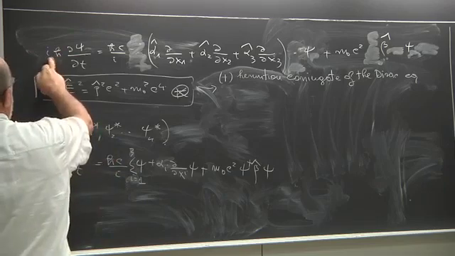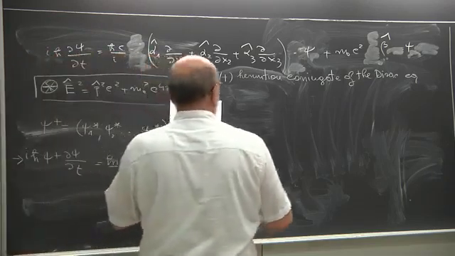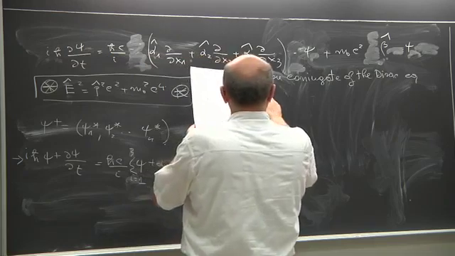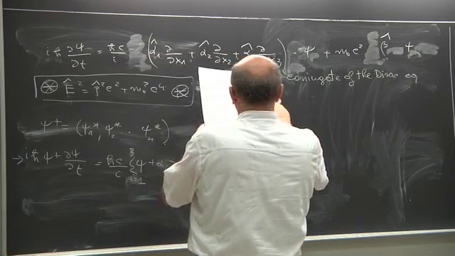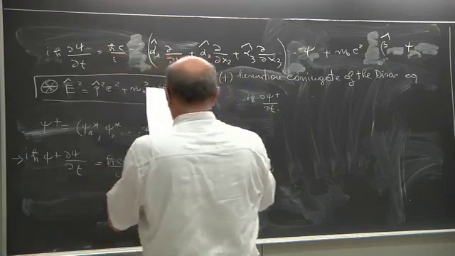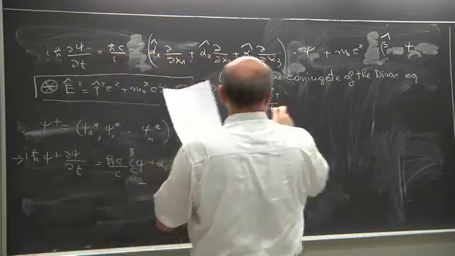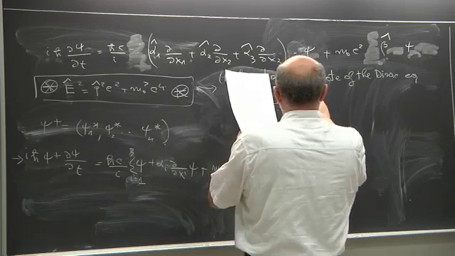So you transpose and take the complex conjugate, and you get minus i h bar d psi dagger dt. I'm doing the Hermitian conjugate. Then the same here, and then we get equal to minus h c.